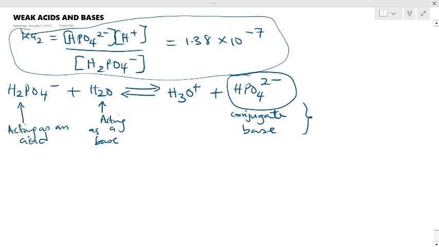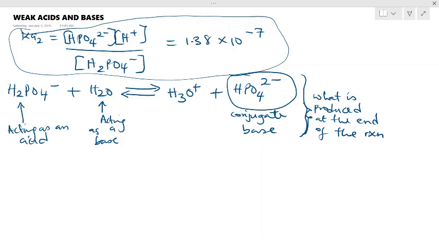So we can just write: what is produced at the end of the reaction.